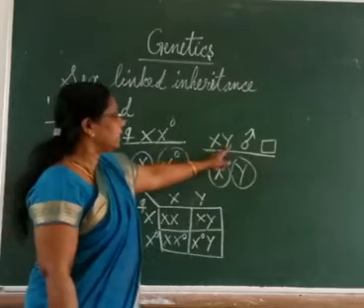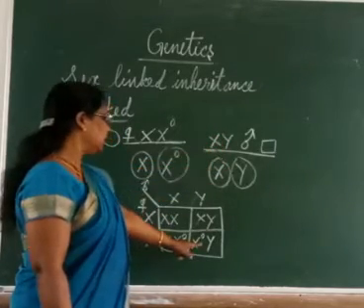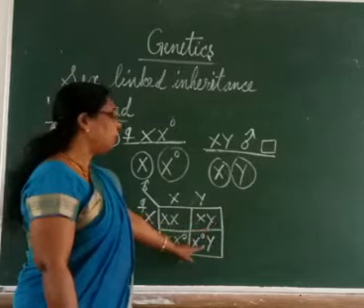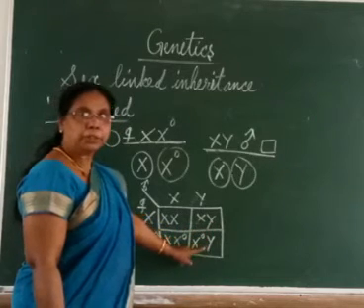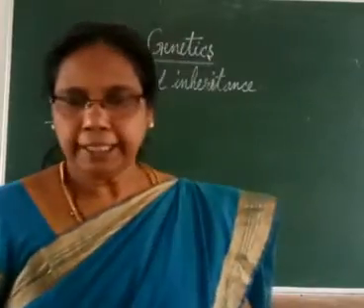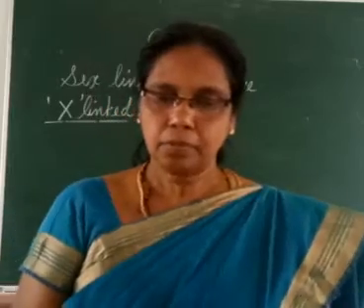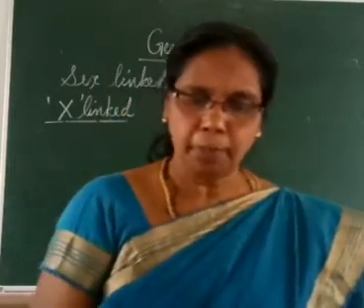Now in the second case, you can see that the father is a normal one, but the one male baby produced is colorblind. So third case, you can see that colorblind man and carrier woman.